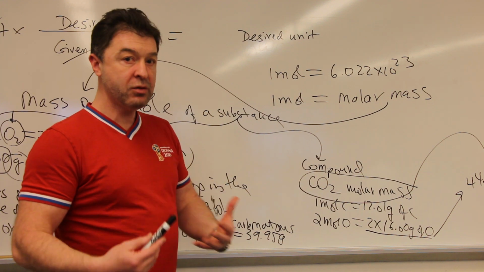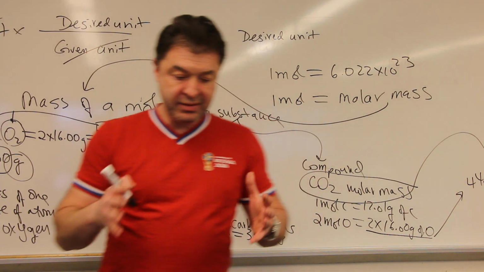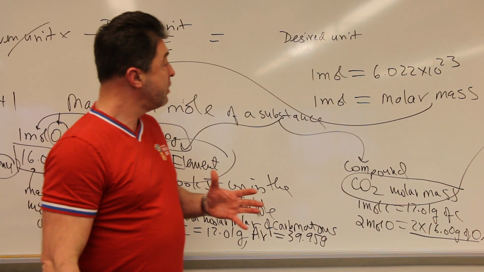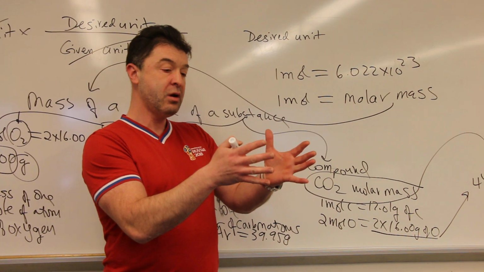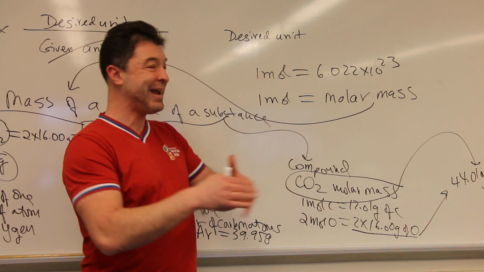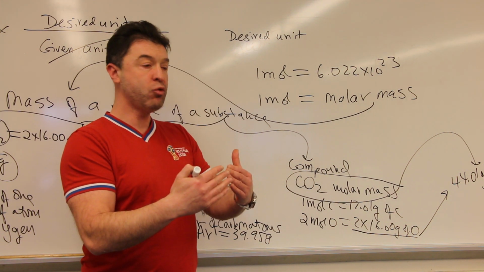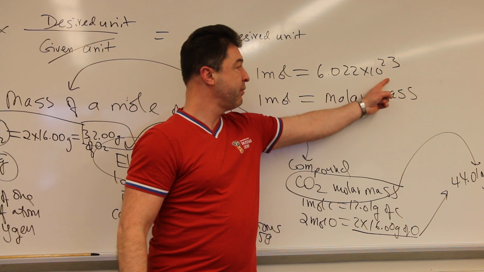When this number was determined experimentally, they took exactly 12 grams of carbon-12 isotope, counted how many carbon-12 atoms were contained in 12 grams of it, and came up with this number.